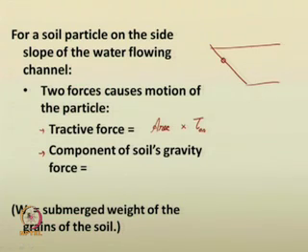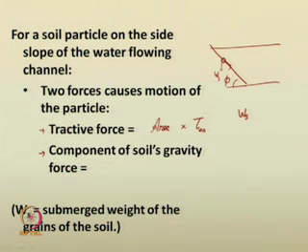So, this particle will have a submerged weight W s. You know the side slope, if it is given by an angle phi, that is this ratio 1:b is equal to tan phi. Then you can definitely find the component in this direction of this weight. This weight is W s vertically down.